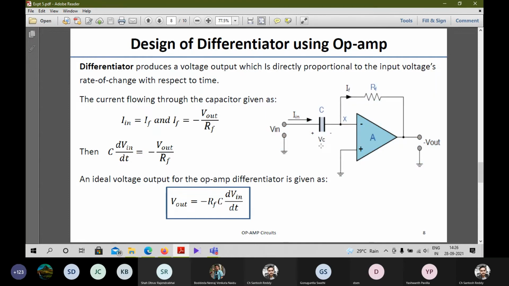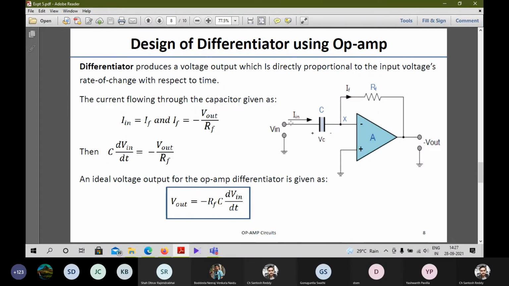So our output voltage Vout is directly proportional to the rate of change of the input voltage with respect to time. So we say this is a differentiator configuration; this op-amp configuration is a differentiator.